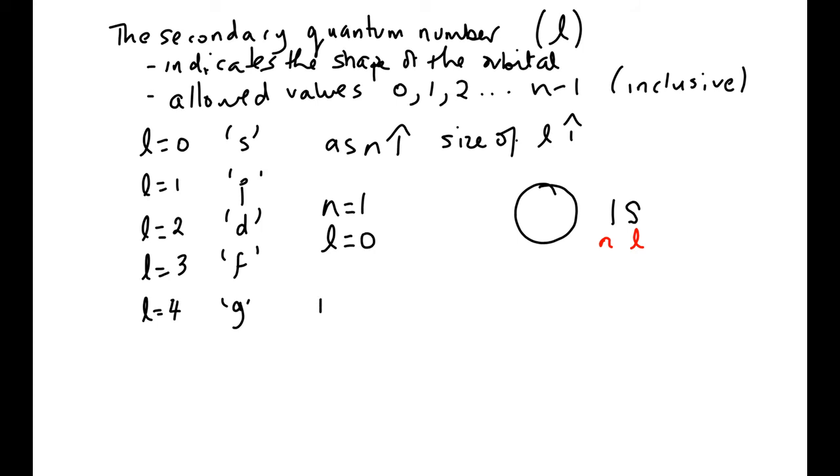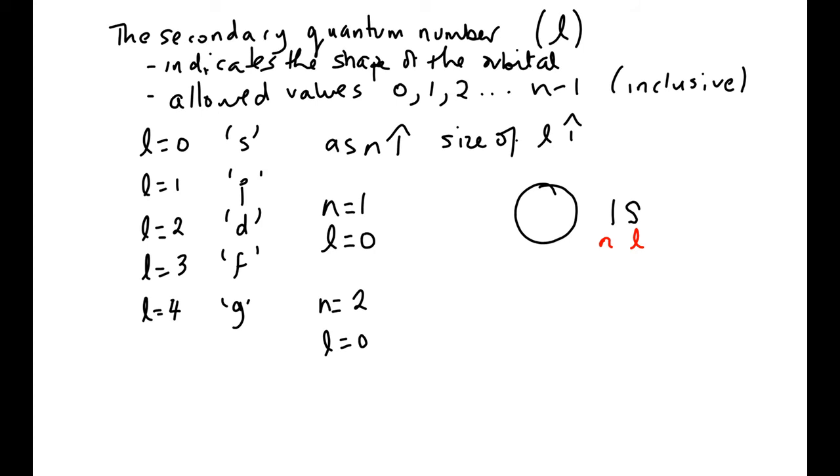If n equals 2 you can have L equals 0 or L equals 1, because that is the upper limit for the values.